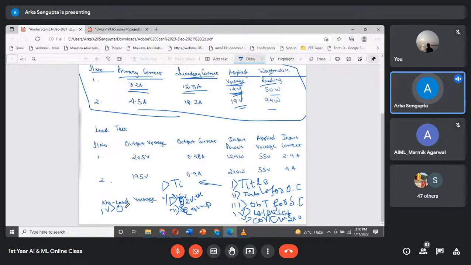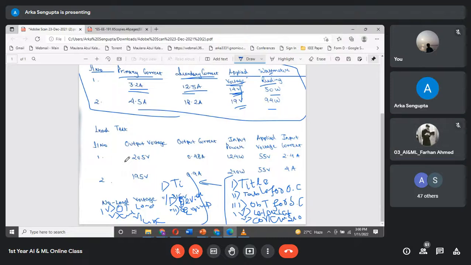Then the observation table for the load test, calculation, and conclusion. So this is for the load test, which you have submitted, and this is for the open circuit and short circuit test that you need to submit. Any doubt? No, sir.